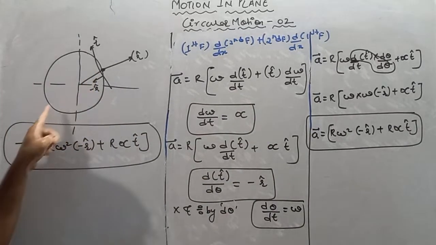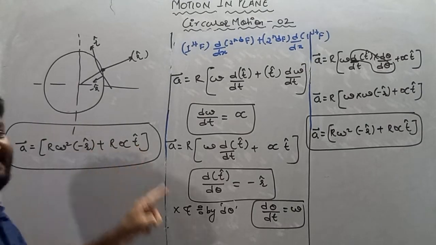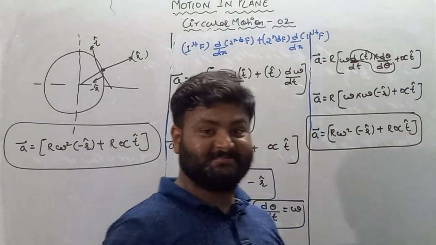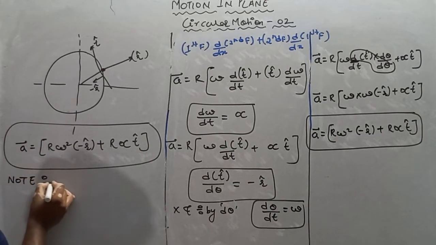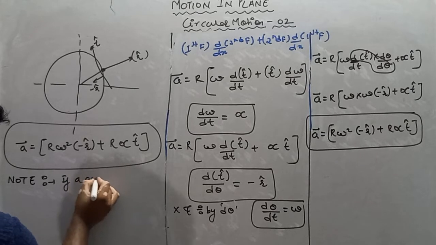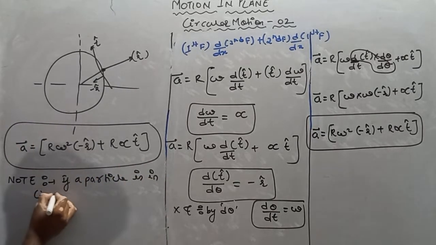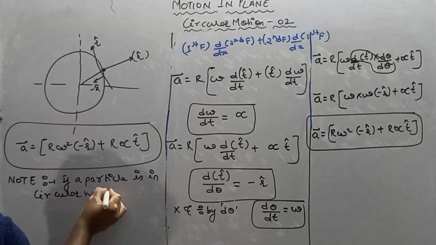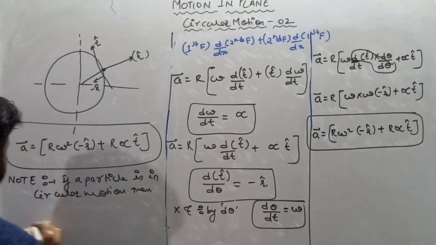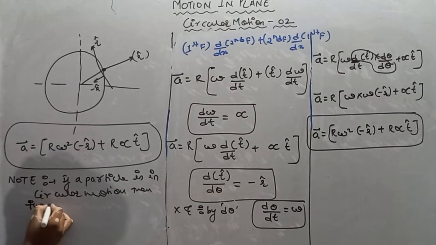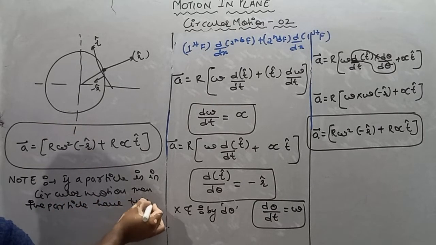One is towards the center, that is the negative of the radial unit vector, and the other is tangential acceleration. So remember, I'll write in the form of a note that if a particle is in circular motion, then the particle has two accelerations.